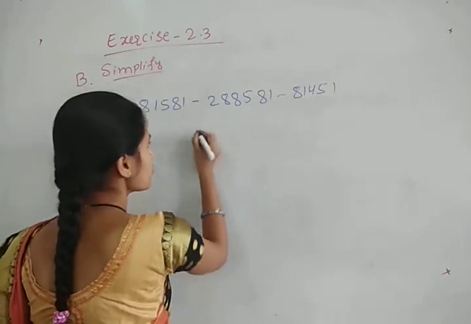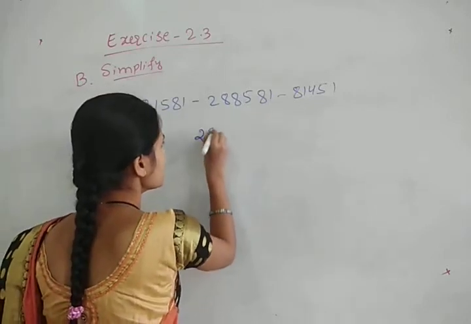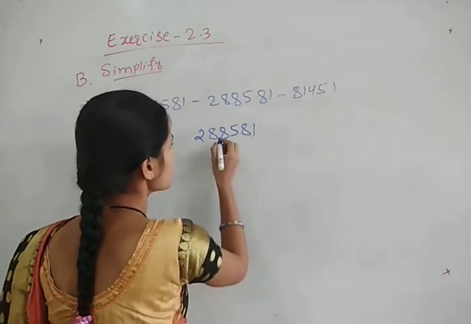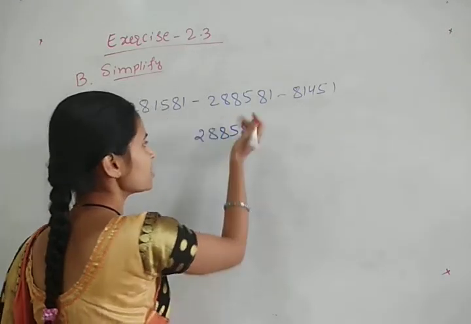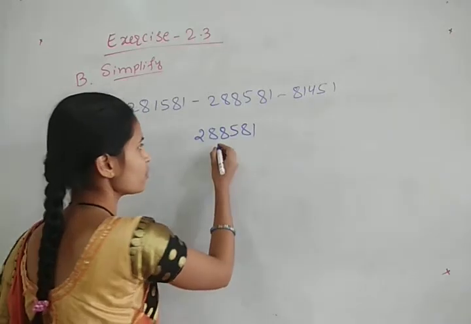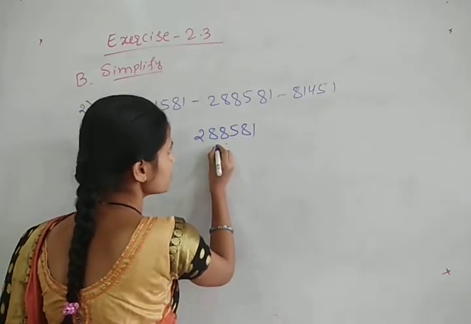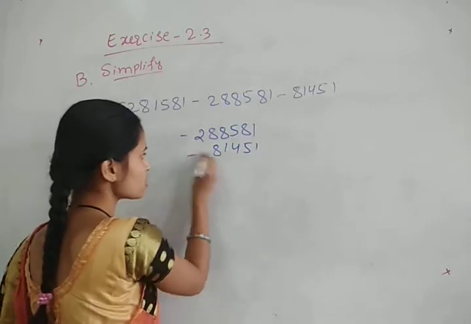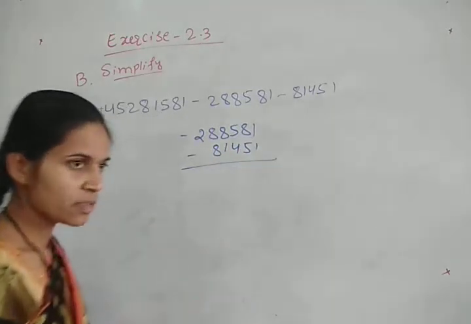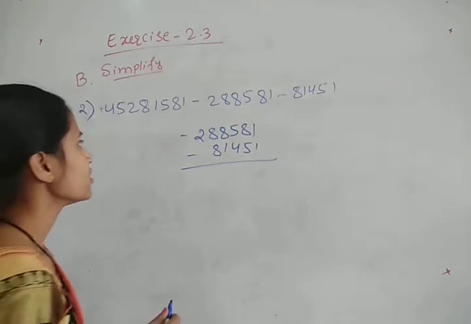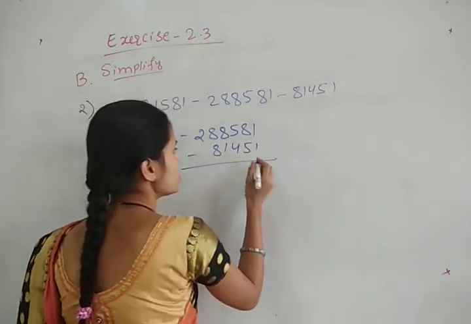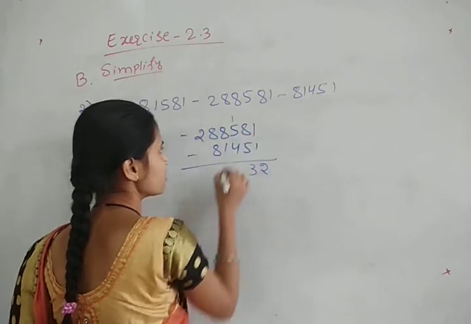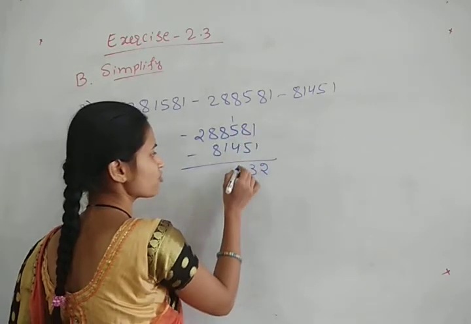Because they are in minus, see here 288, 581 from this. If you add 81451, this is also minus, this is also minus. So now minus addition will be there. Okay. Now 1 plus 1 is 2, 8 plus 5 is 13, write 3, take 1 carry. 5 plus 1 is 6, 6 plus 4 is 10.